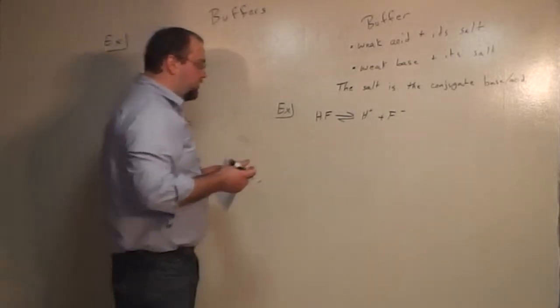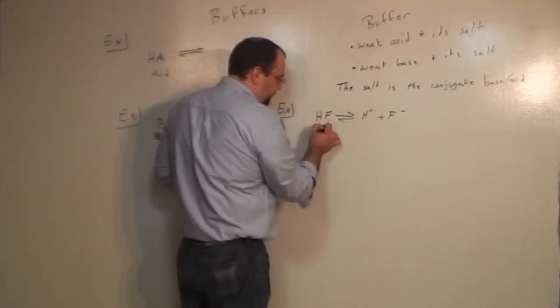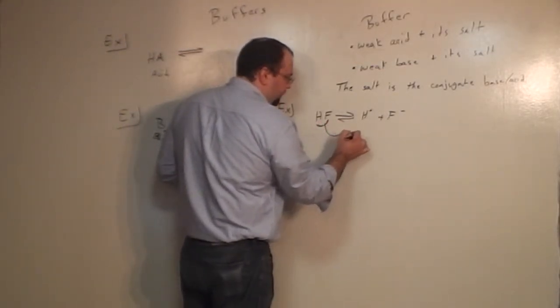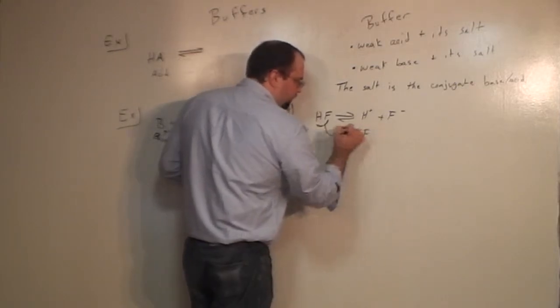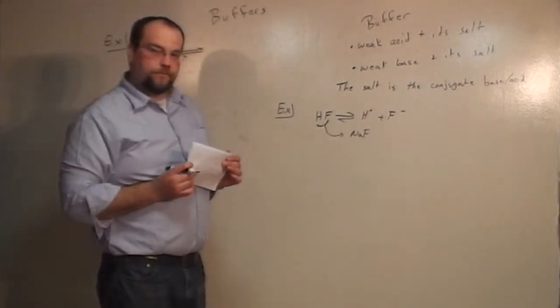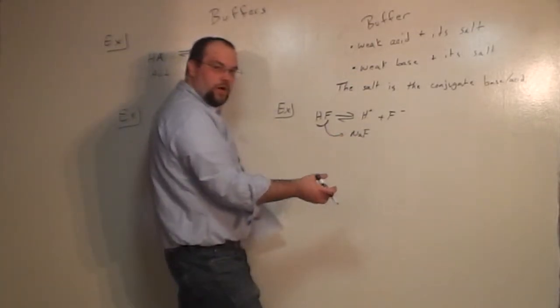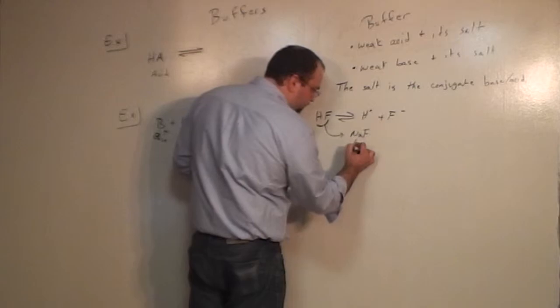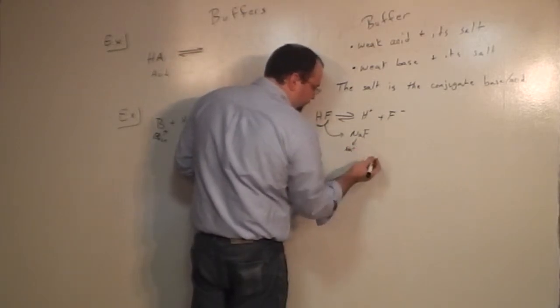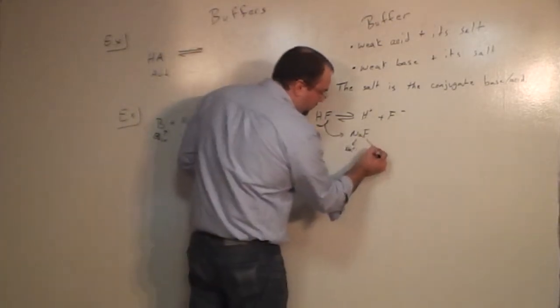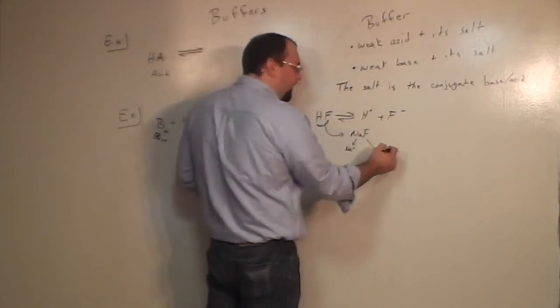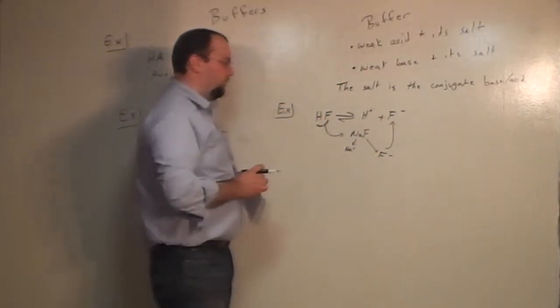The salt of HF would be something like NaF, sodium fluoride. When sodium fluoride dissolves in water, it's going to form an Na plus, which is just going to be a spectator ion, and it's going to form an F minus. Well, that F minus is right there.